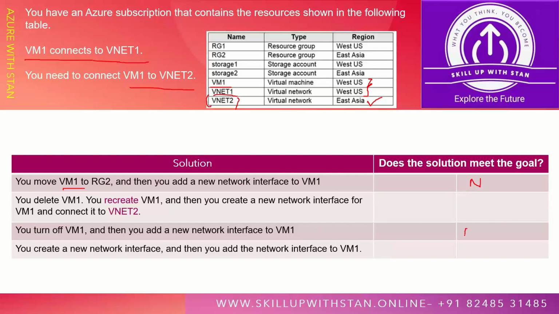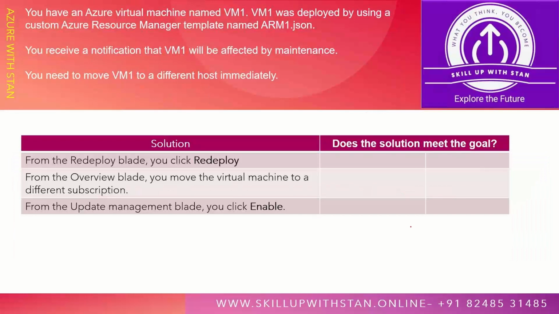No, that is not going to help because the network interface has to come from East Asia. You create a new network interface and attach it to VM1. They have not clearly mentioned creating a network interface in East Asia, so that is also not going to help. So definitely we need to create the VM1 and connect it to virtual network 2. That is the only way you can have this exercise done.